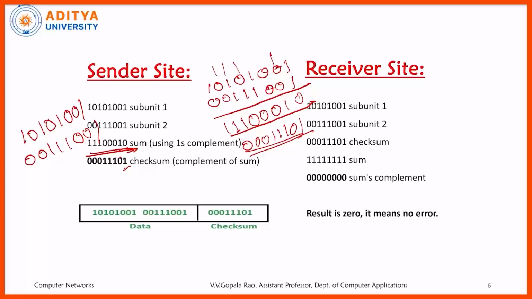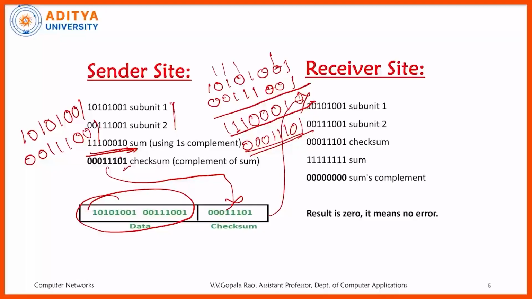Now at the sender side you have two subunits of data, and the checksum you derived in the process, that also you allow to transmit. This whole thing is carried to the receiver side.